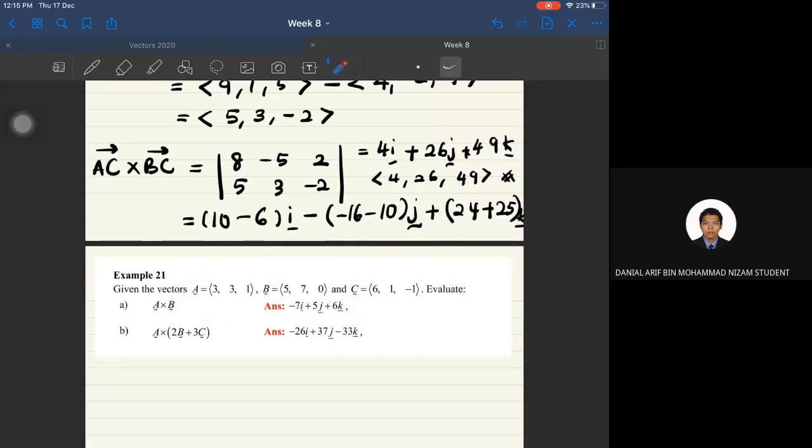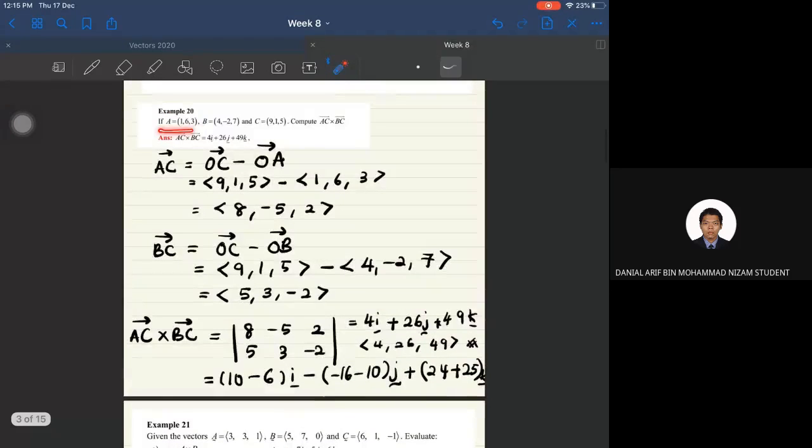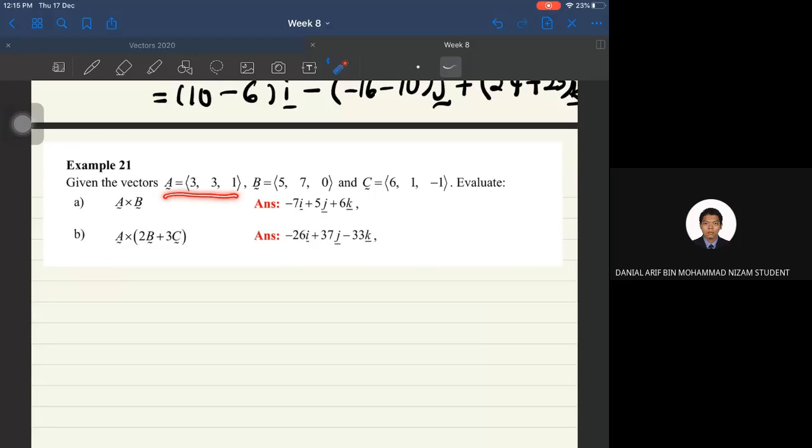Like the previous example, where you are given 3 points, that's why you must first find the vector. So for this one, you can directly apply cross product between vector A and vector B.